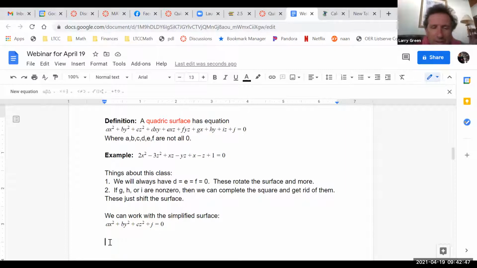All right, so now comes what's interesting. Now we want to say, if one of A, comma B, comma C is 0, then we keep the corresponding linear term.